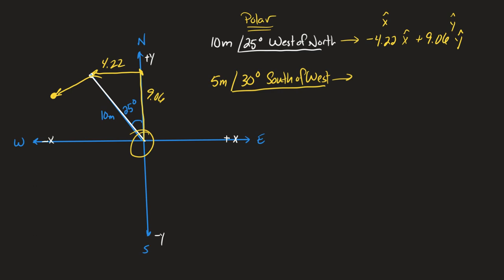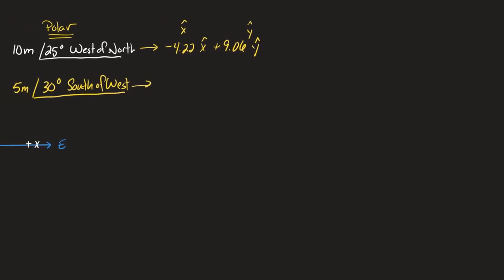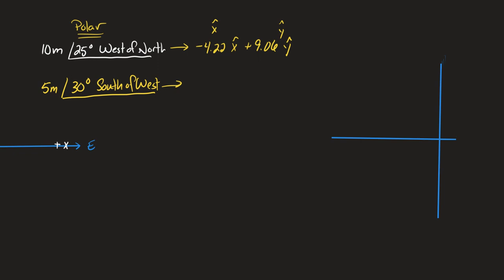Now, I know this is a lot to throw at you, so I would encourage you to avoid some distractions. Perhaps make yourself another quick little coordinate system and only work on this vector here.